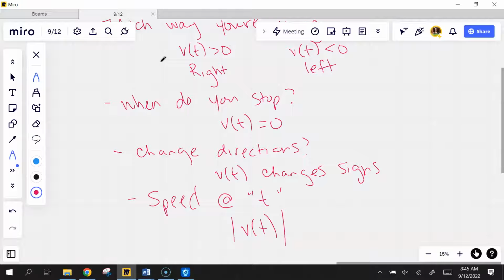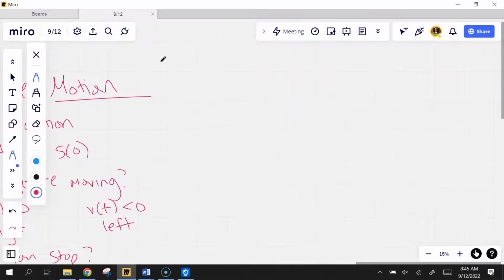How do you know, we haven't talked about this, how do you know if you're speeding up or slowing down? Okay, so you're really close. It does have to do with acceleration. I'm kind of setting y'all up on this one because we haven't talked about it.